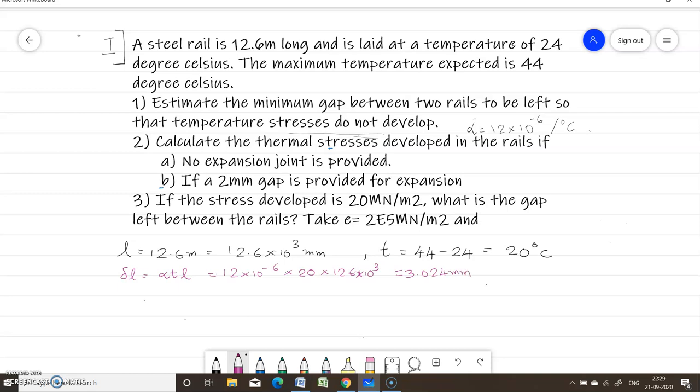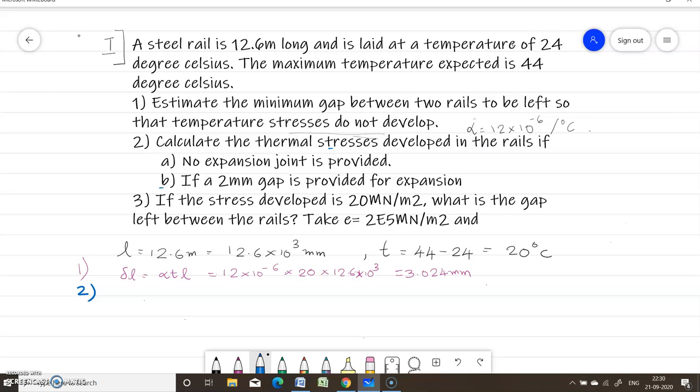That is, if the rail is allowed to expand fully, then we will have to provide a gap of 3.024 millimeter as the expansion joint, so that there will not be any development of temperature stress. So this is the first part of the question. Now the second part is, calculate the thermal stresses developed in the rails if no expansion joint is provided.